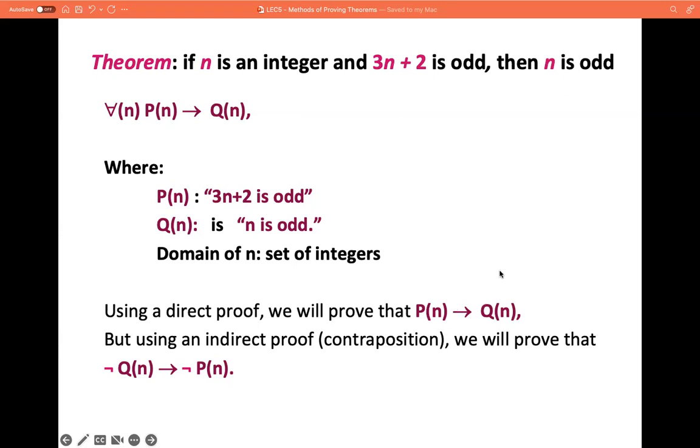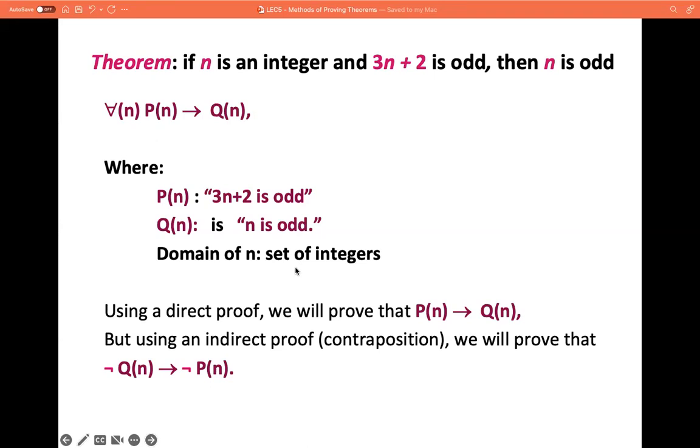If we use a direct proof, we start first with the premise that 3n plus 2 is odd, and then prove Q of n, that n is odd. But that will be difficult to prove. We can use an indirect proof instead, by using the contraposition. We will prove that not Q of n, the negation of Q of n, implies not P of n.